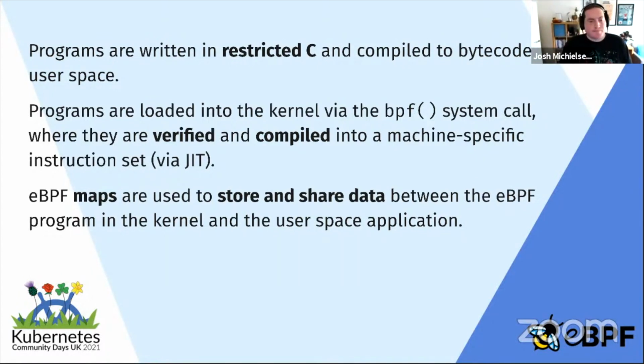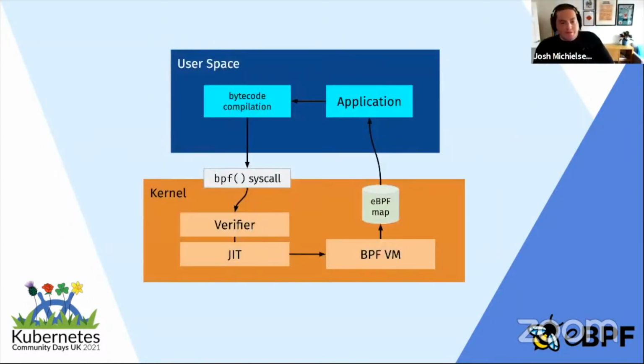So this is a bit of a diagram to show you how it works. We have an application. We do a bytecode compilation in user space and then load that bytecode into the kernel via the BPF system call.